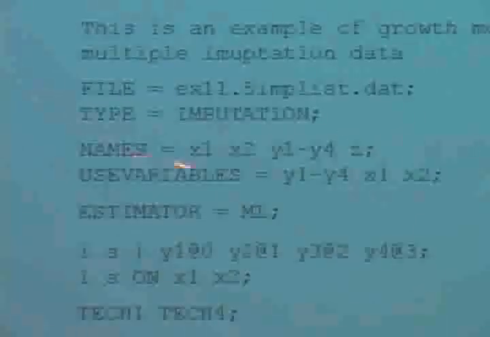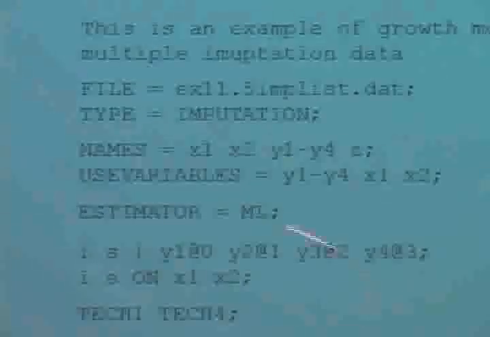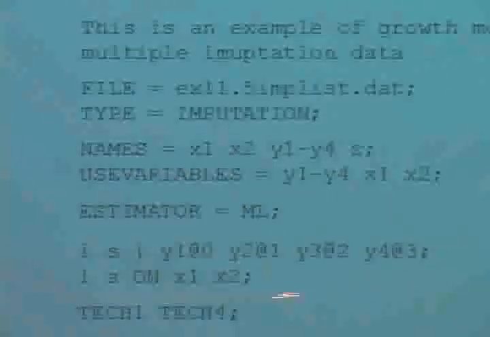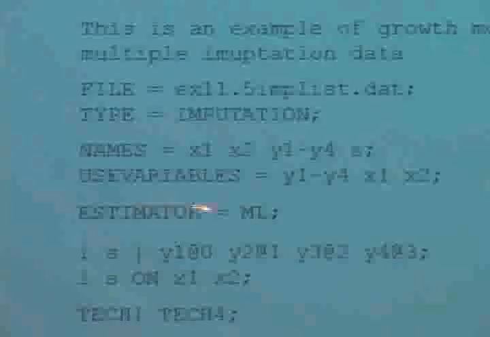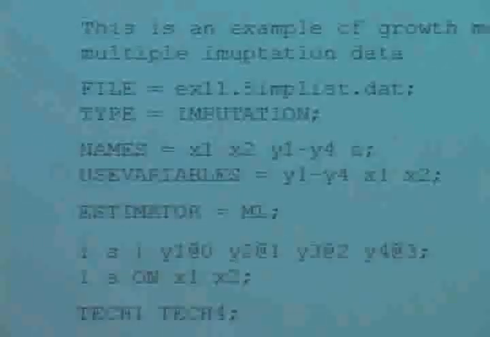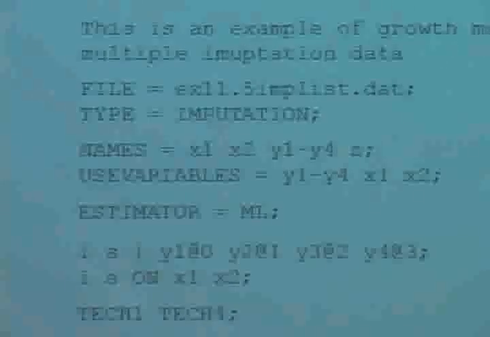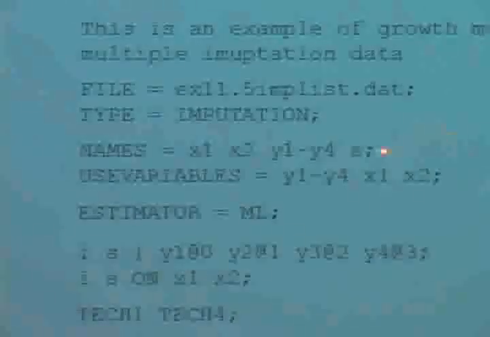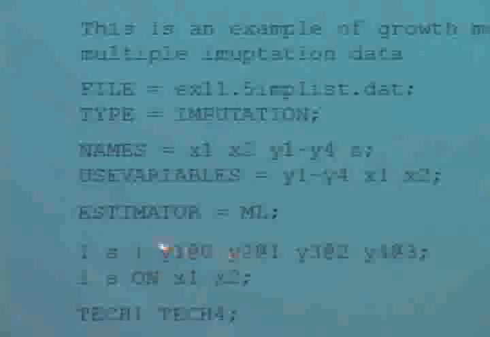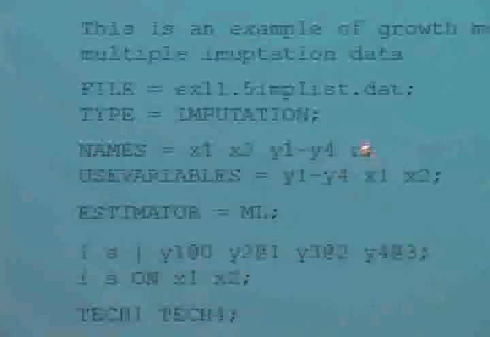And then names, use variables, and model as usual, a growth model in this case, with estimator equals ML. So you impute, perhaps based on a larger set of variables. In this case it is, right? We don't use a Z in the model. Z is not in the model. It was only used in the imputations. Let's check. Is that right?